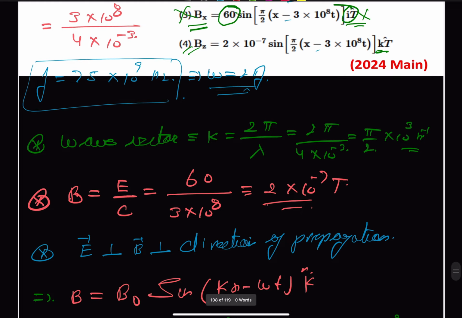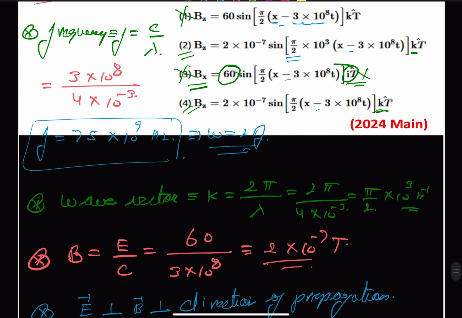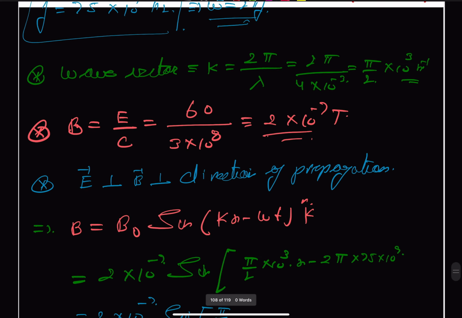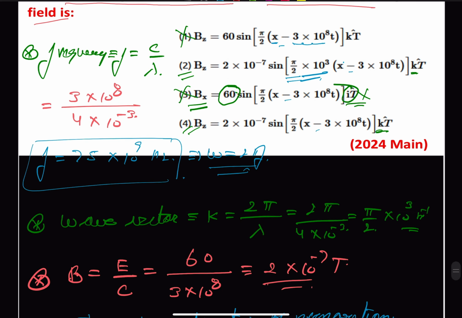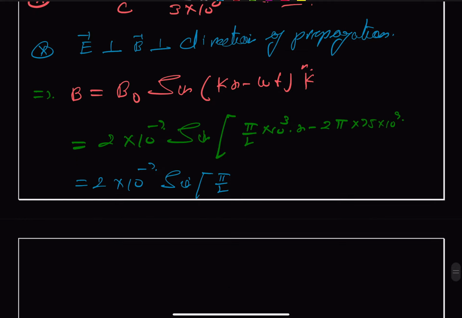There is only x, so option number 2 will obviously be the correct one, because x is multiplied by 1 here. So we can write pi into 10 to the power 3 x equal to minus 3 into 10 to the power 8 multiplied by t, and this is our k unit vector.